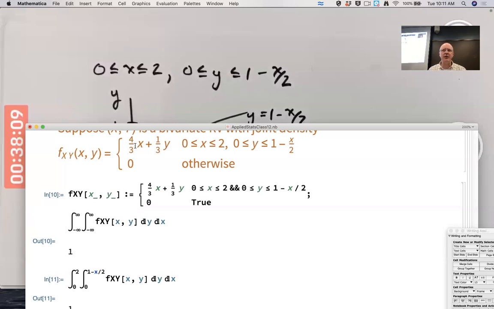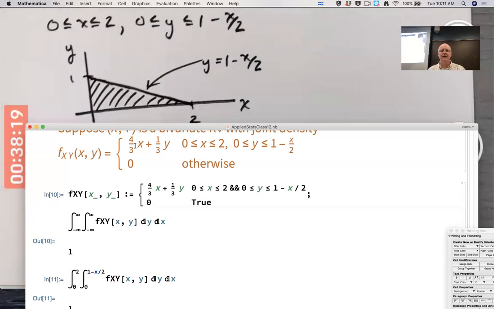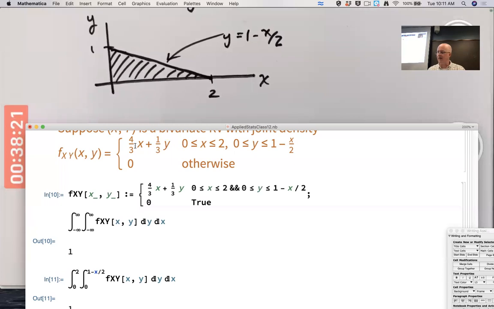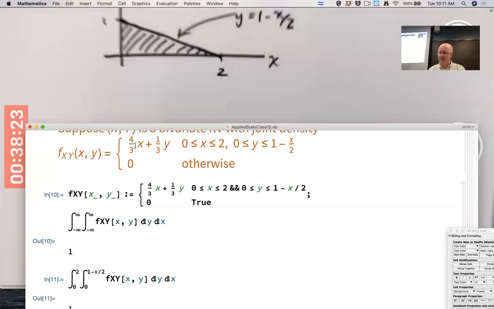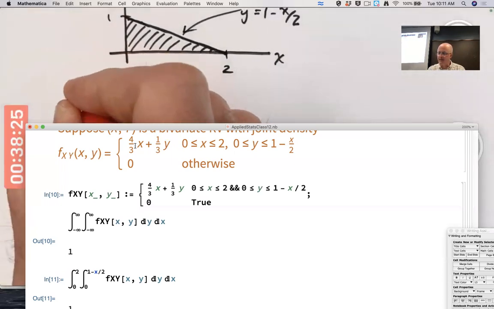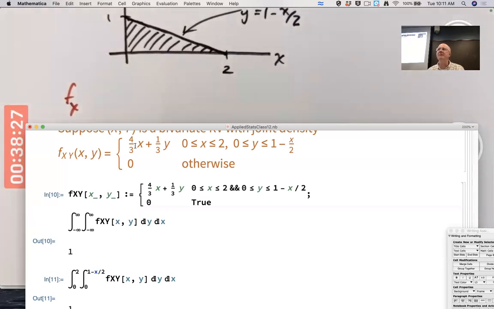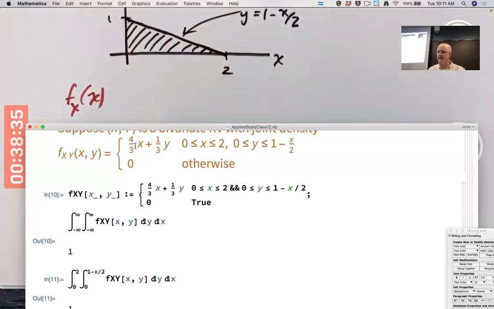First thing we should do is confirm that the joint density is truly not the product of the marginal densities. How do we do that? Let's find the marginal densities. What's the marginal density of X, for example? That is in the book, the definition of the marginal density.